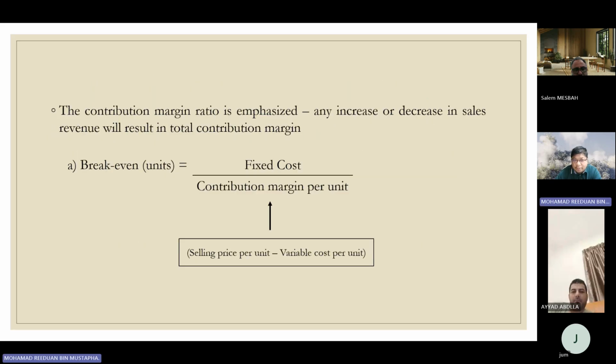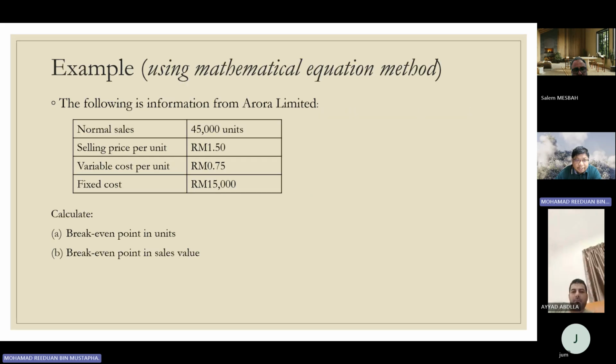But the correct one for the mathematical equation method is these formulas. This is for mathematical equation models. Can you try to calculate based on this one? Do you know how to calculate based on the mathematical equation method or not?